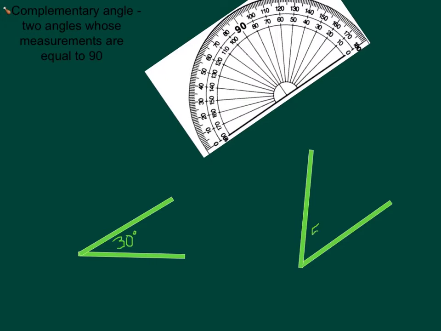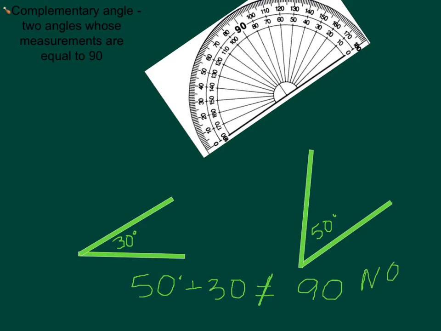And so here's my question. If I add 50 and 30, does that give me a complementary angle, which has to equal 90 degrees? Absolutely not. That does not give me a 90-degree angle. That gives me an 80-degree angle.